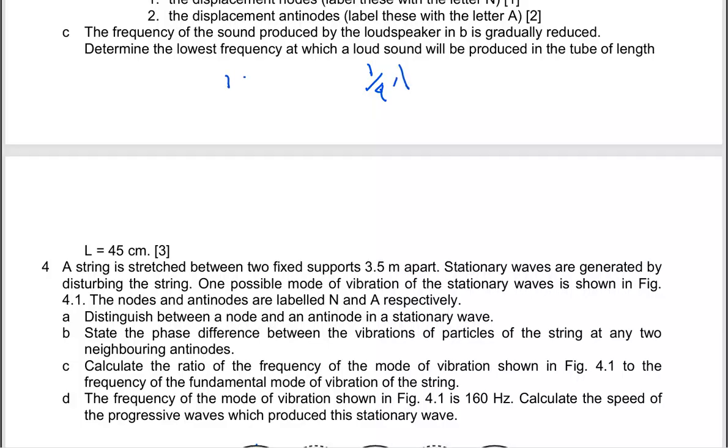One wavelength in the question before is equal to 60 centimeters, and then a quarter wavelength is equal to 15 centimeters. So the lowest frequency is v per lambda.